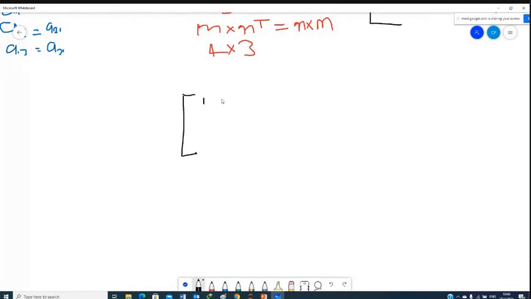So we've got a 1, and let's say everywhere else is 0. 0, 1, 0, 0, 1. So this is a 3 by 3 matrix, and this is 0, and then this is 1. And the diagonal, which is this, is all ones, right? And everywhere else is 0. So this is called the identity of a matrix, right?